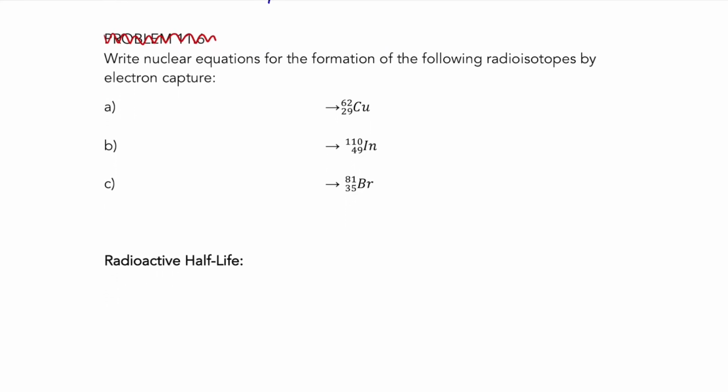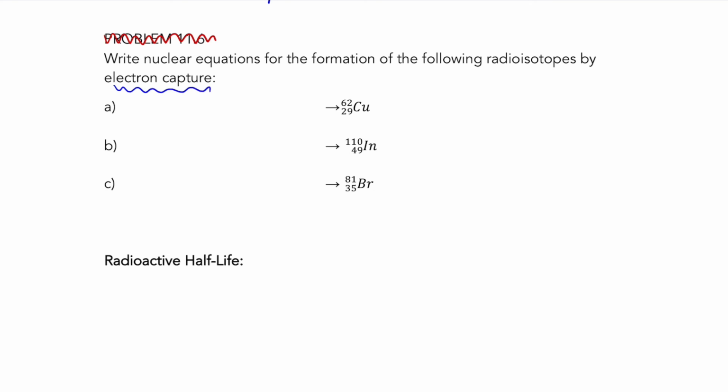And then we'll move to the last one to wrap this video up, and then we'll talk about half-life in the next one. So the last problem says, write the nuclear equation for the formation of the following radioisotopes by electron capture.